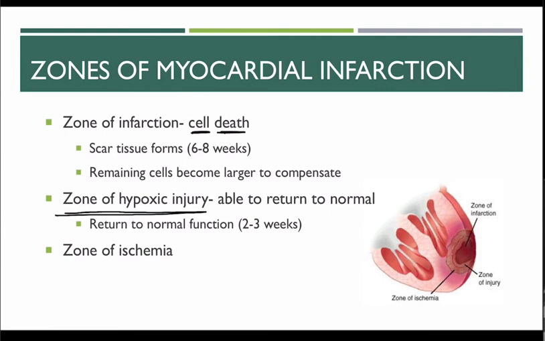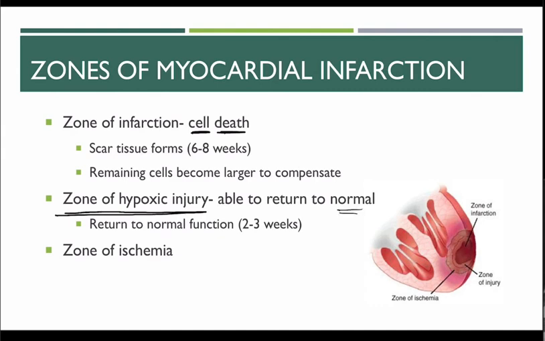We talked about all those nasty things that can happen to their sodium transporters and their intracellular calcium homeostasis, and there's upregulation of phospholipase and proteases, and the cells are really starting to look kind of ugly, but it was reversible cellular injury. That is the zone of hypoxic injury. If you restore oxygen to these cells before they cross into irreversible cell injury, they can go completely back to normal.